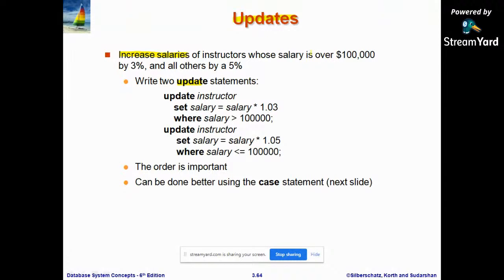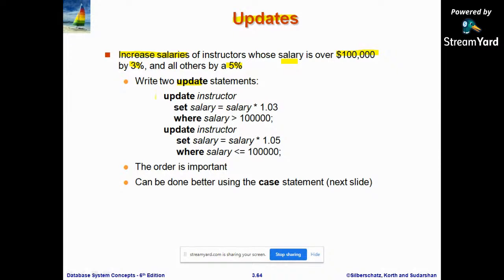You would like to increase the salary of the instructors whose salary is greater than 1 lakh, and for them, you want to increase by 3%, but for the rest of them, you want to increase by 5%. So you have to update the salary column. And with this condition, how can you do this?